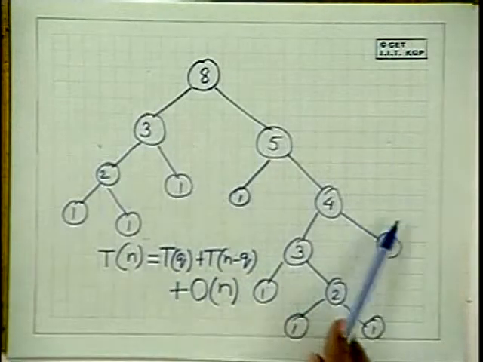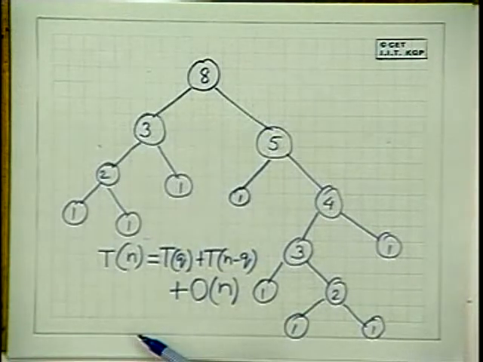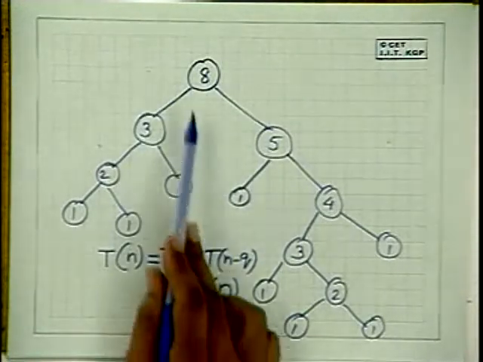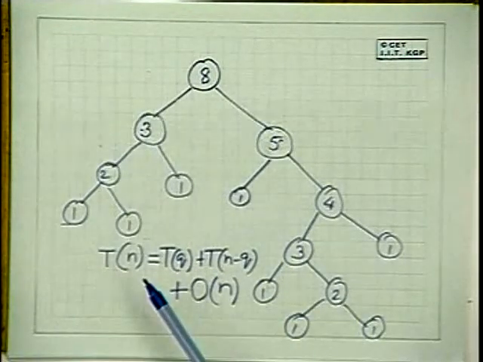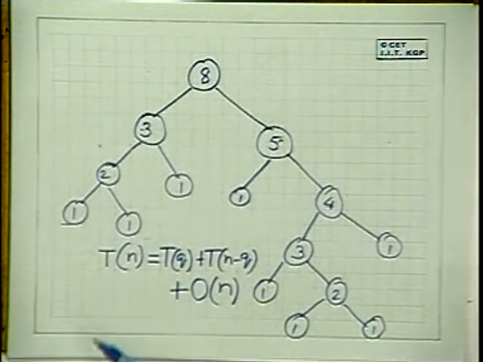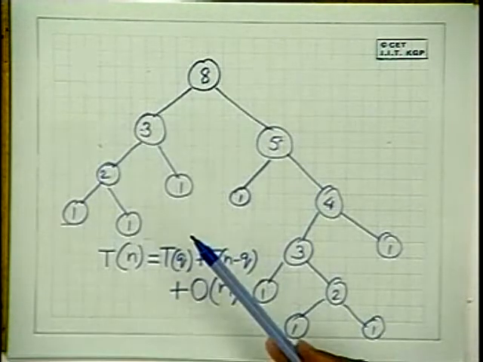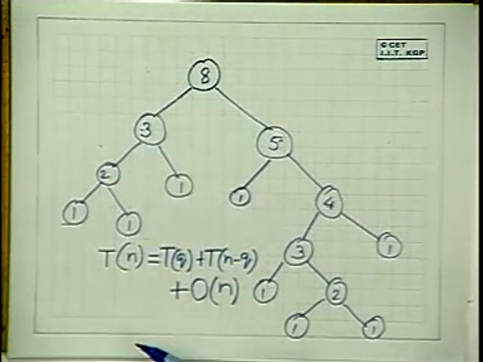And if you count each level, the total weight will be always n, not more than n. So if there were log n levels and each level has order of n elements total, over all the nodes in that level, then total complexity becomes n log n. But it all depends whether the tree is balanced or not.